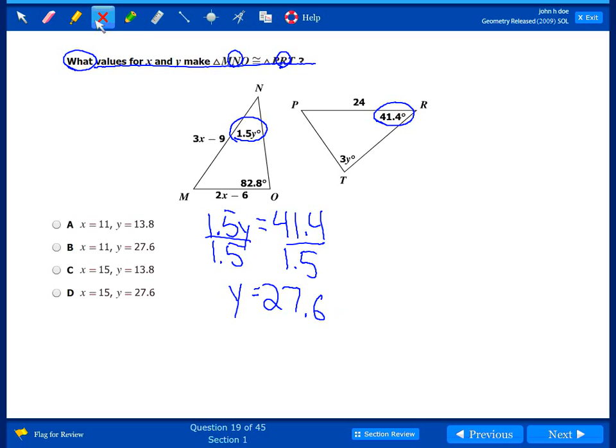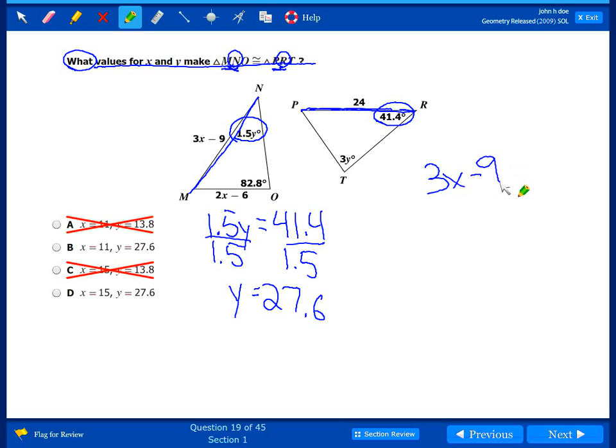So right away we can rule out a couple of these. And now we need to solve for x. So x comes on side NM. NM matches up with PR. So that'd be this side right here. So we do 3x minus 9 is equal to 24.